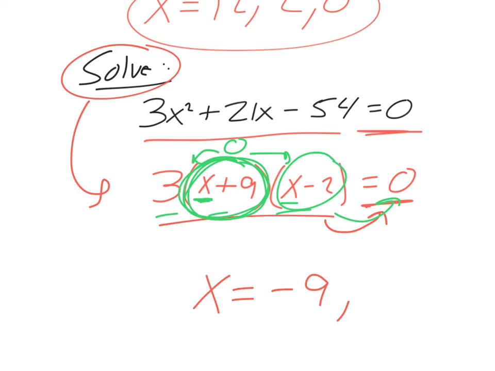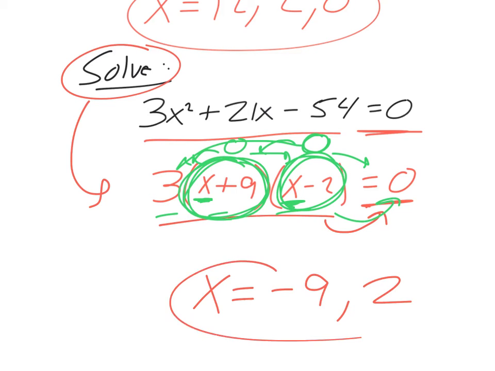Look at the other binomial for my other option, x minus 2. So what number could go in for x so that this would end up equaling 0? Well, that has to be positive 2, because a positive 2 minus 2 would give me 0 for this binomial. And then timesing it by this and timesing it by 3, whatever those would be, those would also make it equal to 0. Okay, so those are my 2 answers.